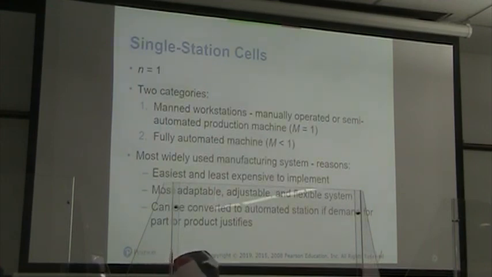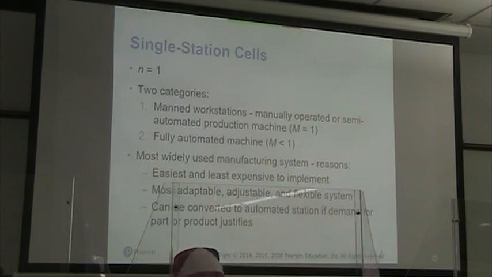So, with our single station cells, of course, n is equal to 1, as we said. Again, we've got our two categories, manned workstations or fully automated machine. So it could be n equals 1, m equals 1, or n equals 1 with m less than 1. This is the system that is usually used.